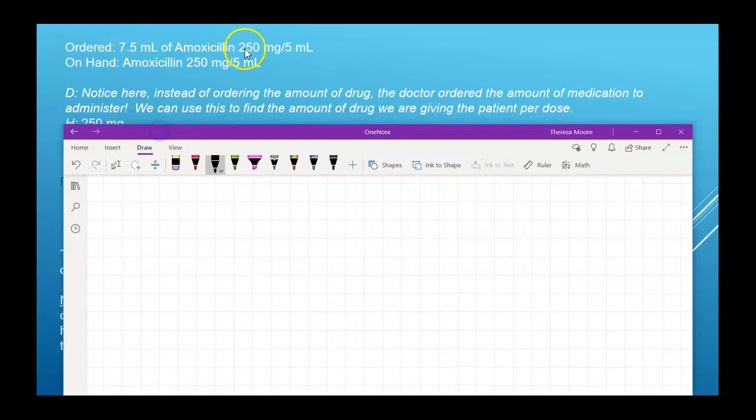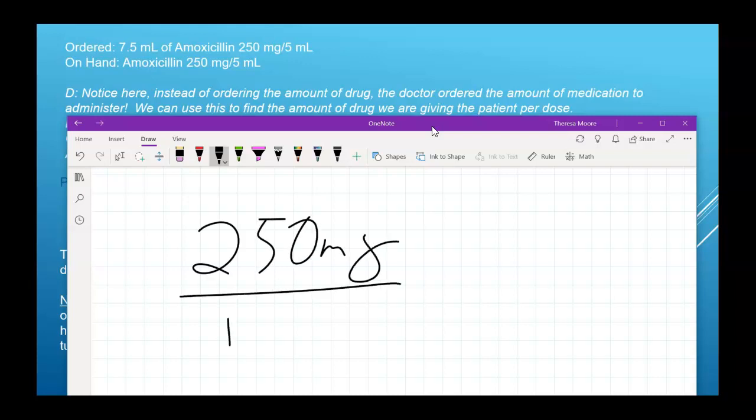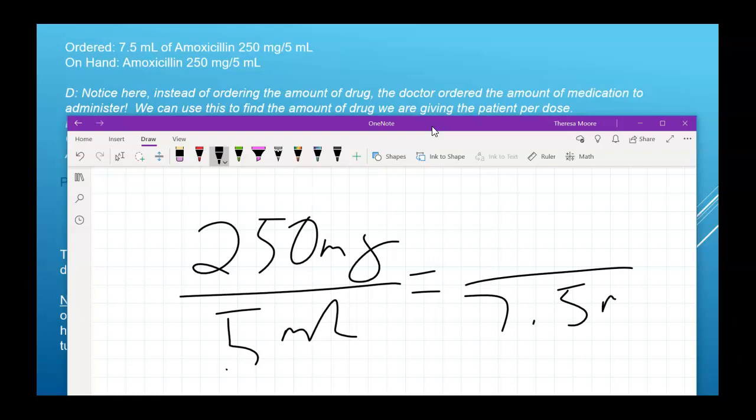So we can actually use this to find out how much drug the patient's getting. I think the easiest thing here would be proportion. I know there's 250 milligrams for every 5 milliliters. Well, if I'm giving 7.5 milliliters, that's going to be how many milligrams, or how much drug.